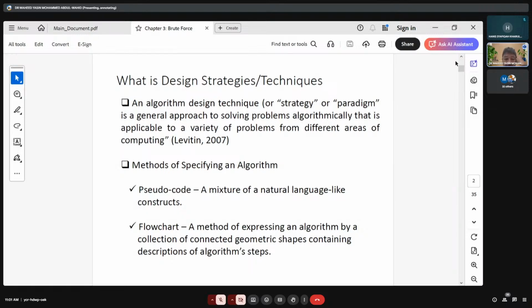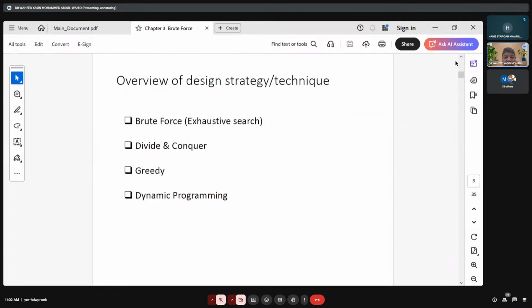Methods of specifying an algorithm. We have pseudocode, a mixture of natural language and programming-like constructs. Flowchart, a method of expressing an algorithm by a collection of connected geometric shapes containing descriptions of the algorithm's steps. In the rest of our course, we will go through brute force, which we call exhaustive search, divide and conquer, greedy approach, and dynamic programming.